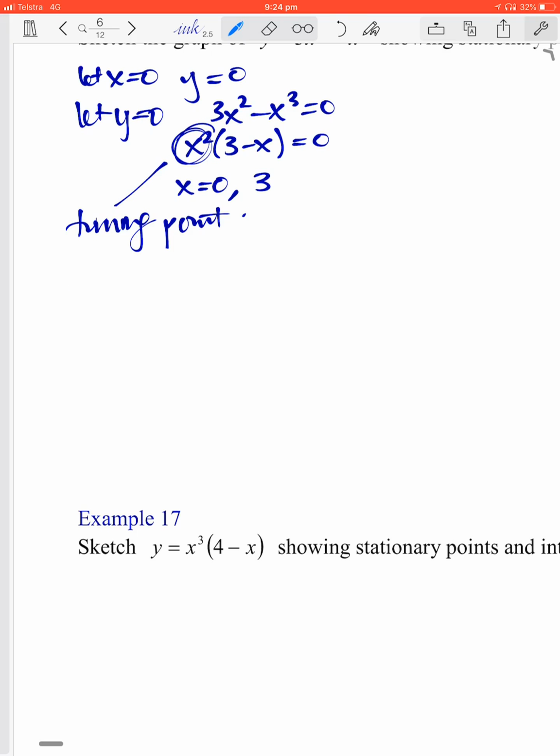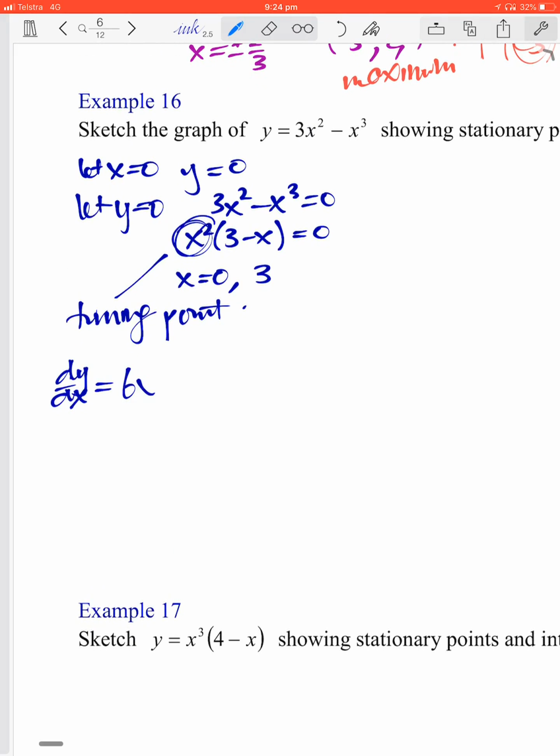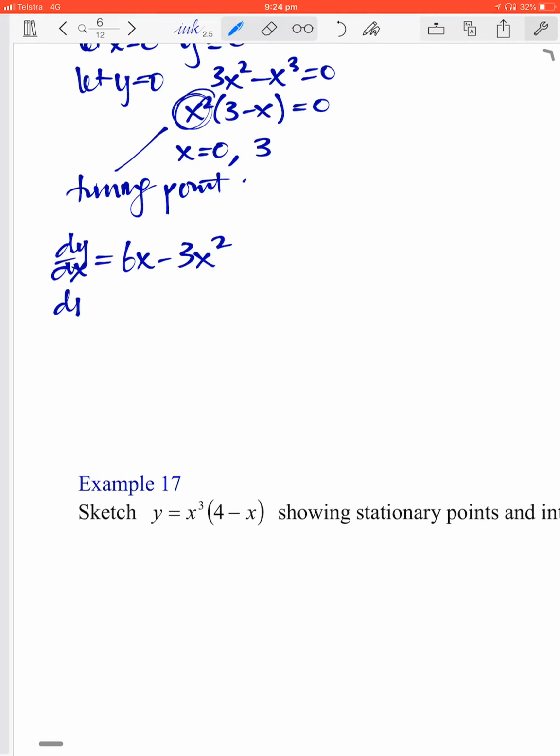But let's use our derivatives to prove everything. So dy dx is 6x minus 3x squared. We know dy dx equals 0 for a stationary point.